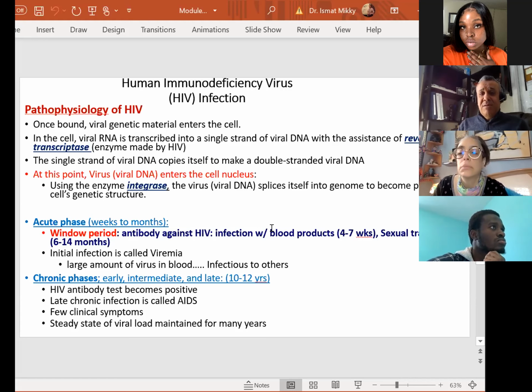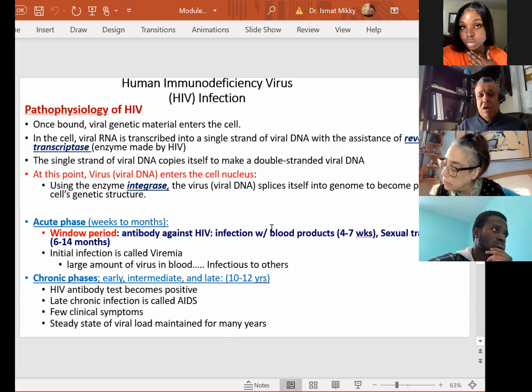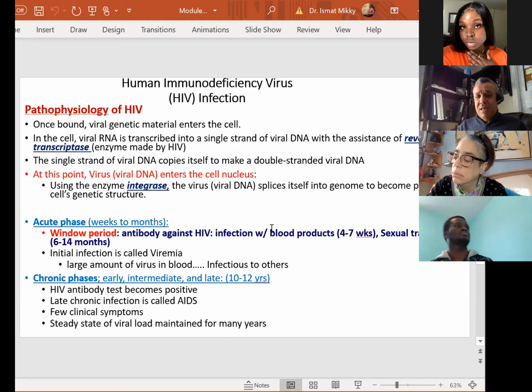Normally we're supposed to have a CD4 to CD8 ratio of 2 to 1. If we have a 1,000 CD4 count, then CD8 would be around 500. Normal CD4 for healthy people not infected with HIV runs between 600 and 1,200.